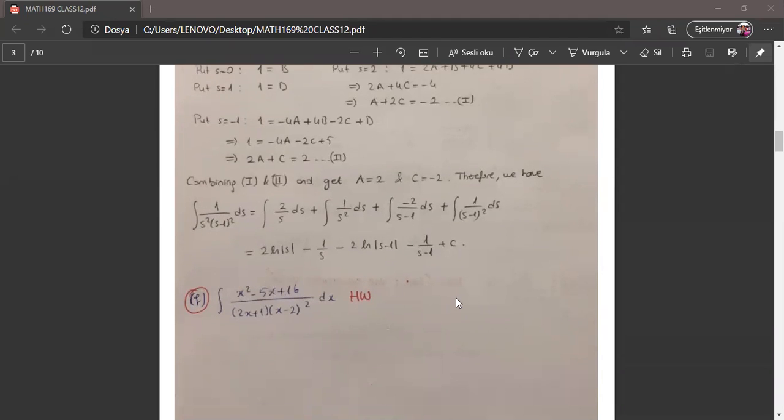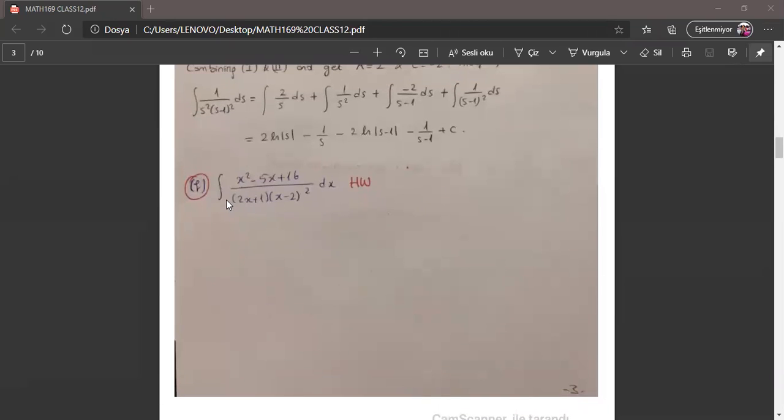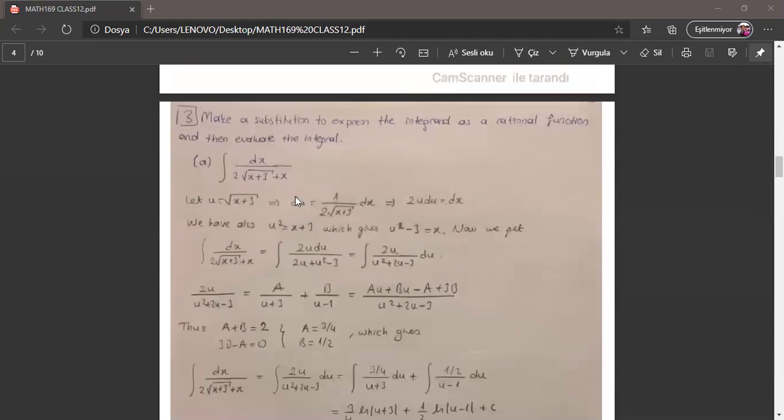This is also homework. So for that, you know how to write. For this one, you will write a over x minus 2 plus b over x minus 2 squared, right? So for this one, we will first make a substitution, then we will use, maybe if we need, partial fraction decomposition.